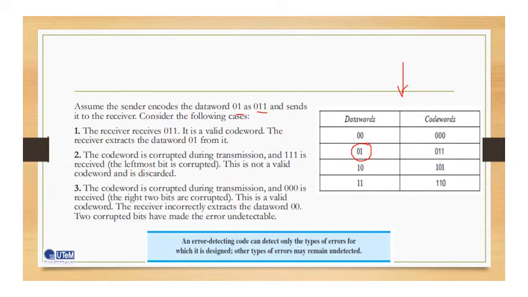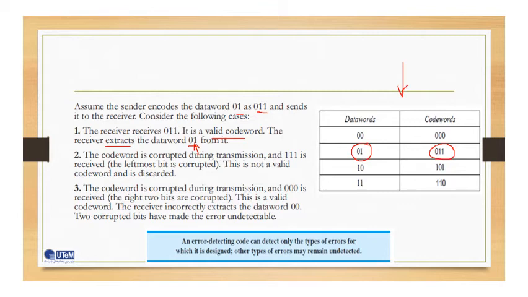When the receiver receives 011, it will check with this list. 011 is in the list, so it will be considered a valid code word. The receiver accepts, extracts and gets the data word 01. So this is the original message that should be received by the receiver.